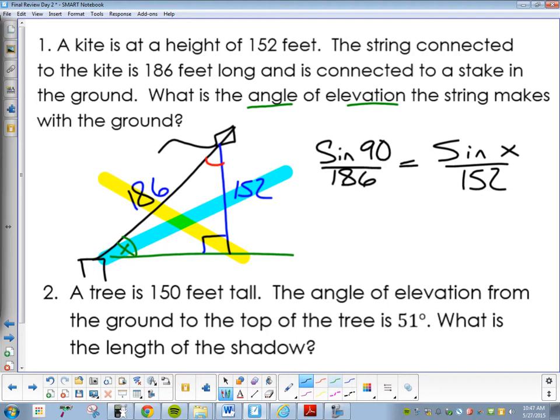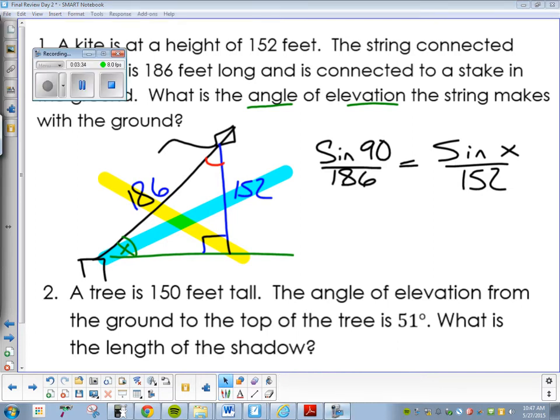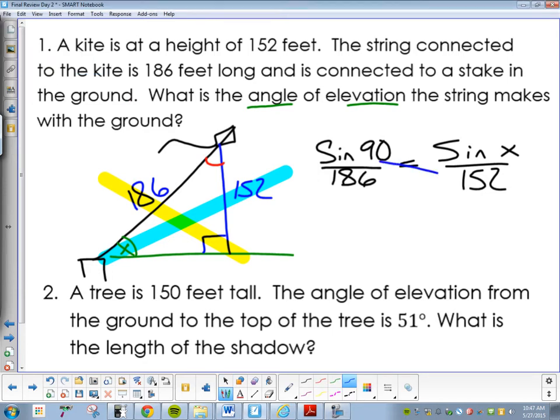We set it up. What do we need to do to solve it? Cross multiply. Try to figure it out in your calculator. So we would take sine of 90 times 152 equal to 186 times sine of x.